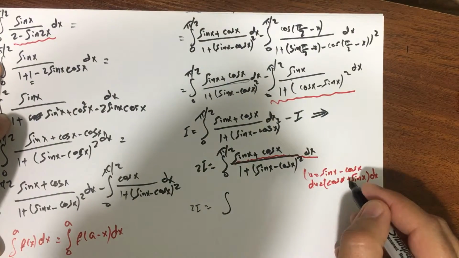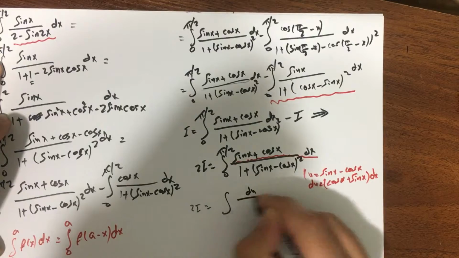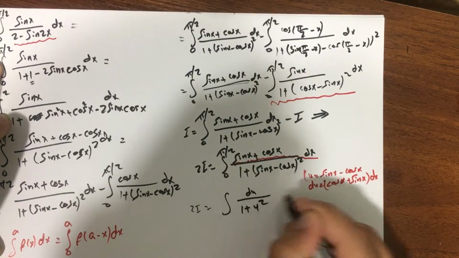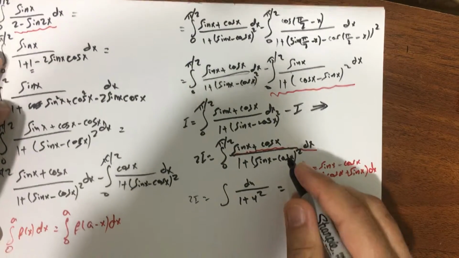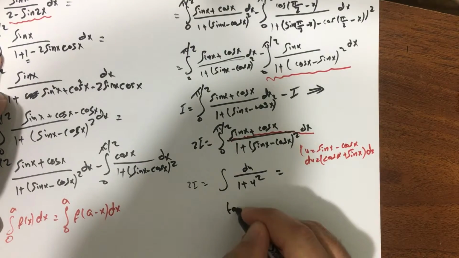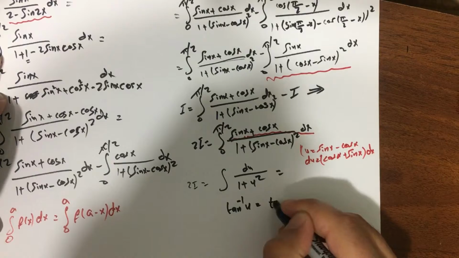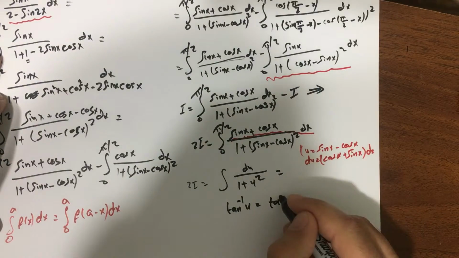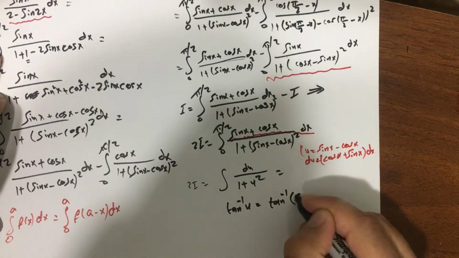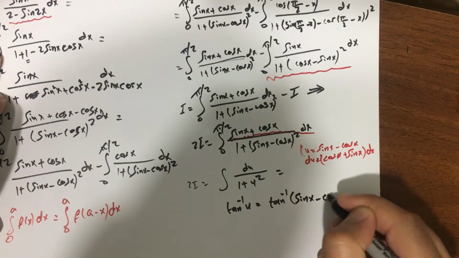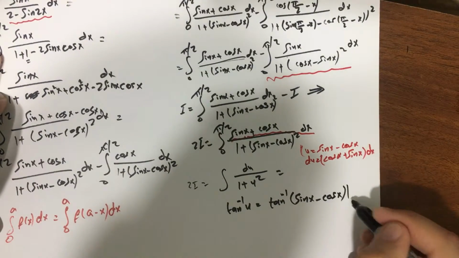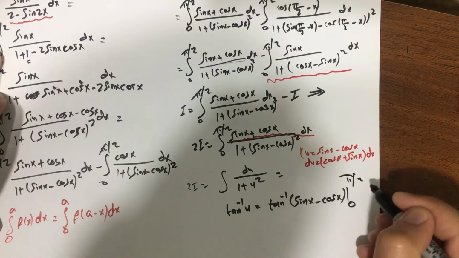the integral of du over 1 plus u squared, and this equals tan inverse of u. And this equals, in terms of x, tan inverse of sine x minus cosine x from 0 to pi over 2.